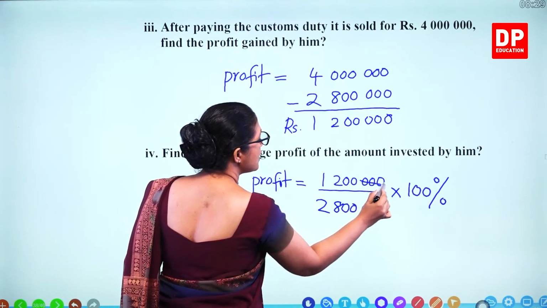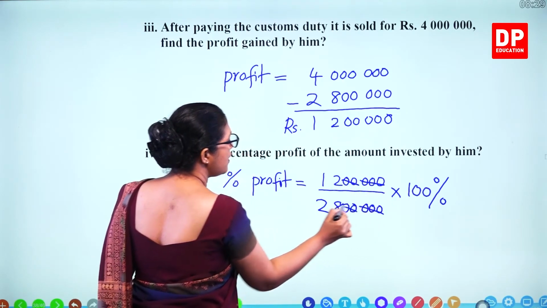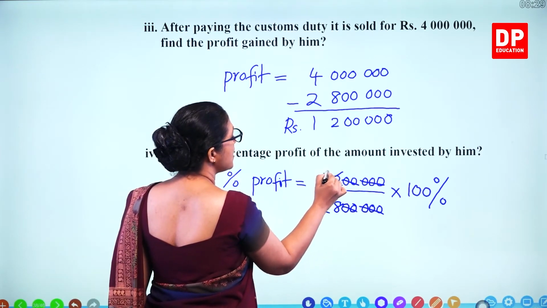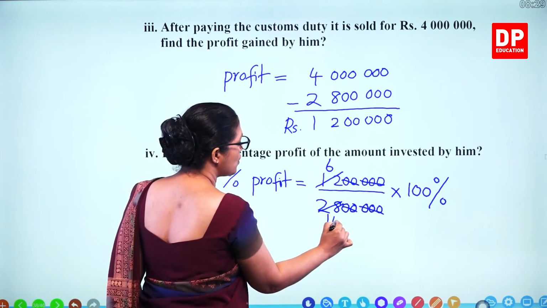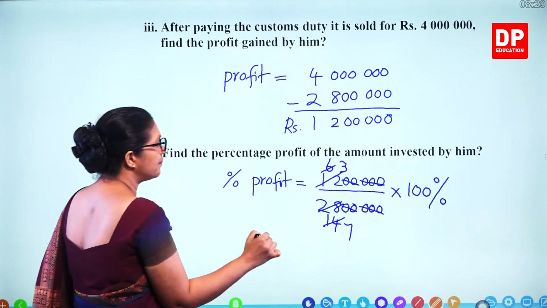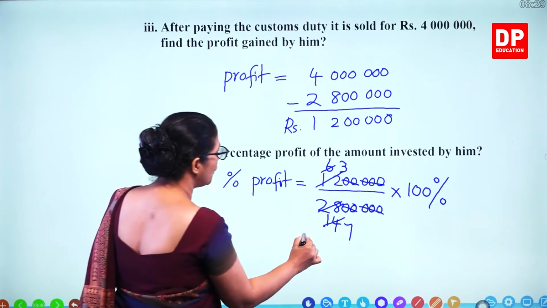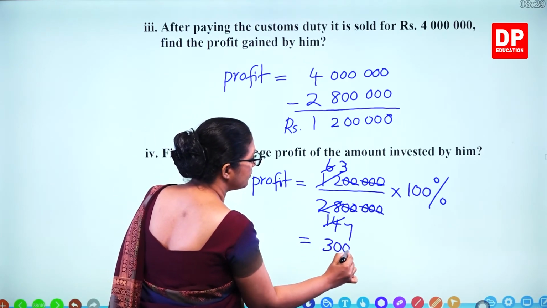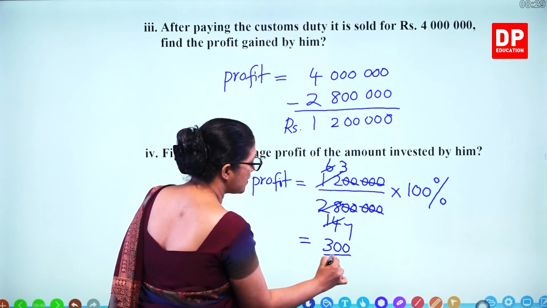So it's 3 zeros, another 2 zeros. 2 times 6, 2 times 14, again 2 times 3, 2 times 7. So 300 divide by 7.